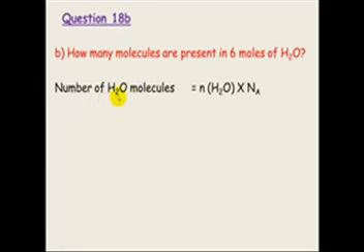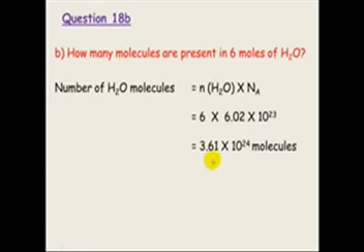Number of H2O molecules equals the number of mole of H2O times Avogadro's number, which is 6 times 6.02 by 10 to the 23rd, and that equals 3.61 by 10 to the 24th molecules of water. Each mole of water contains 6.02 by 10 to the 23rd molecules of H2O.